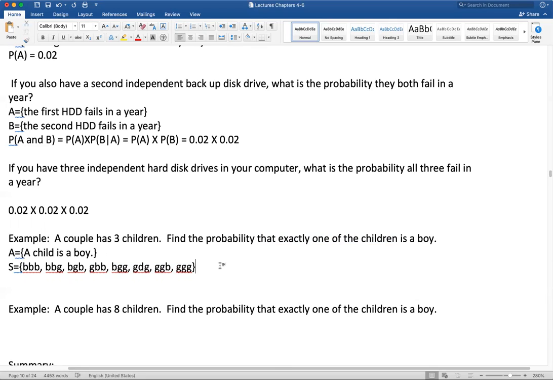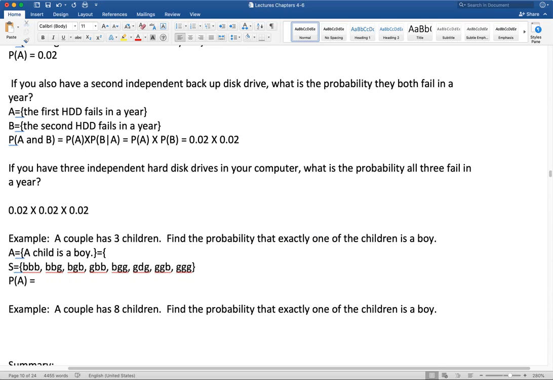Now then, let's figure out the outcomes in event A. Event A is what? We're going to find the outcomes in the sample space having only one boy.